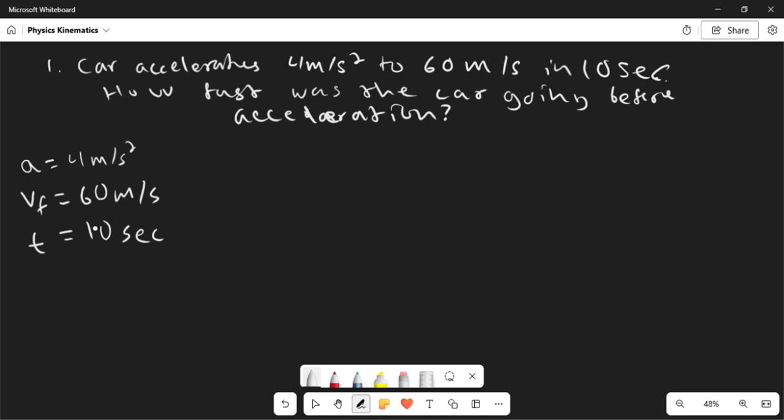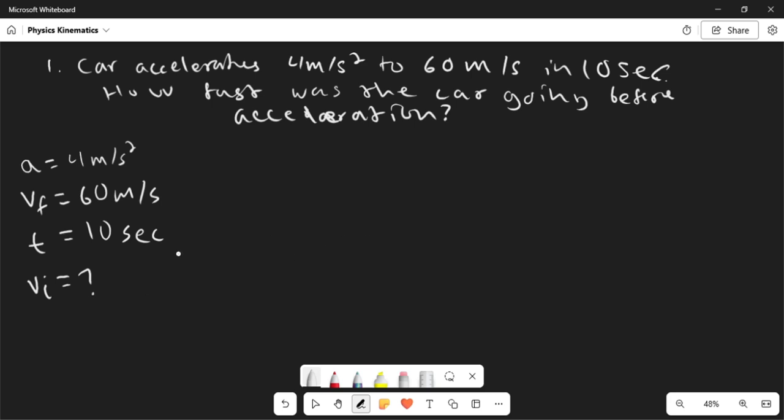And what the question is asking us is, how fast was the car going before acceleration? What was the speed of the car before all of this happened? What was the initial velocity of this car before it decided to accelerate? Well, that's what we don't know. We don't know the initial velocity.